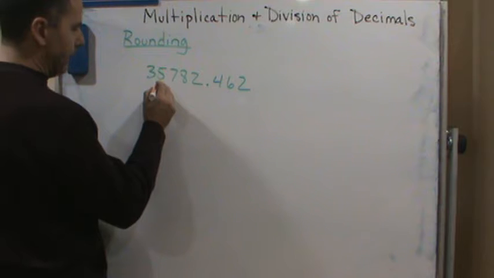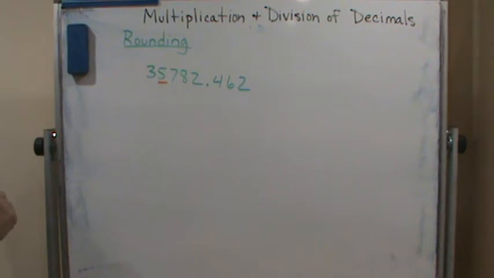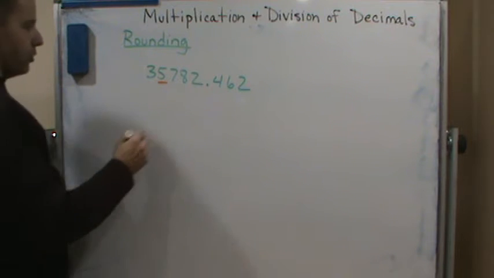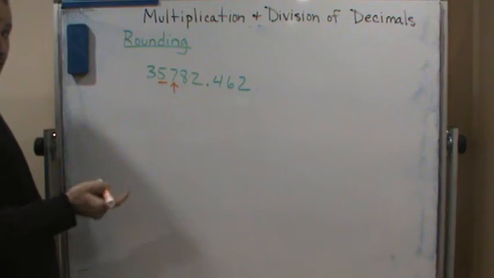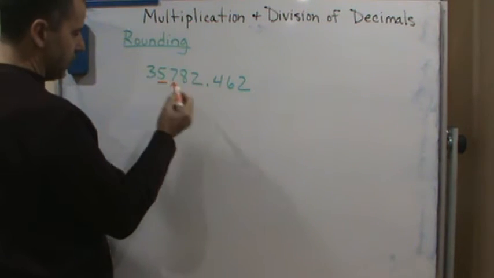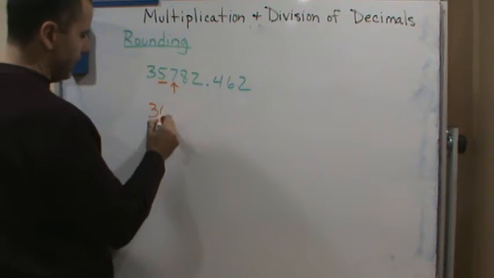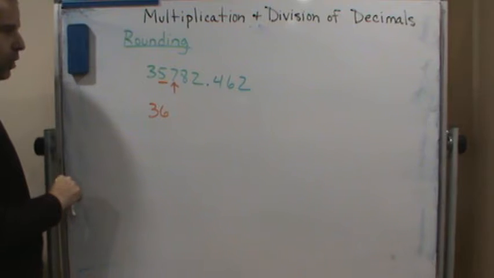Well, it's going to be right here. So I go to the digit to the right, and that's 5 or higher. So the 5 changes to a 6, so this is going to be 3, 6, and then everything to the right goes to 0.